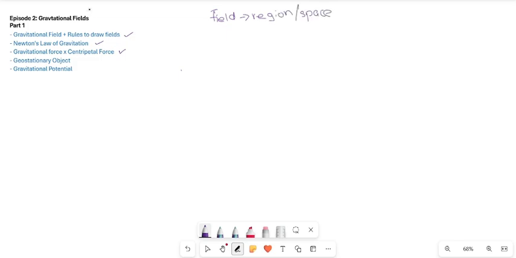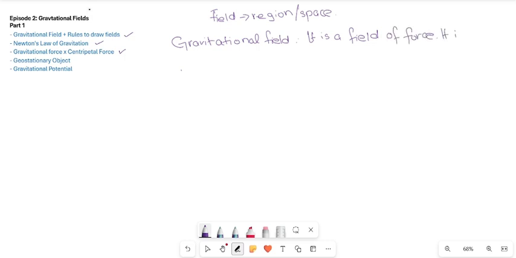When I say gravitational field, I can write down the definition here. The gravitational field is a field of force. It is a region of force.